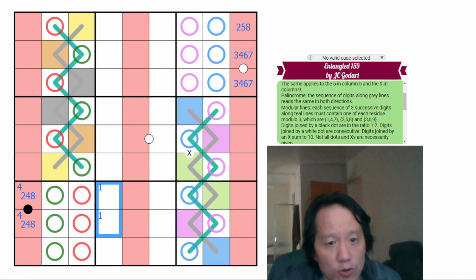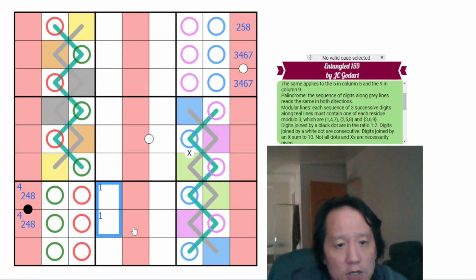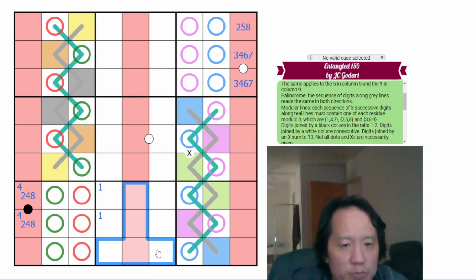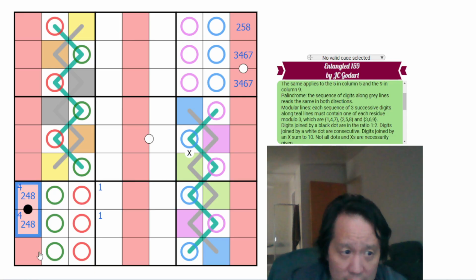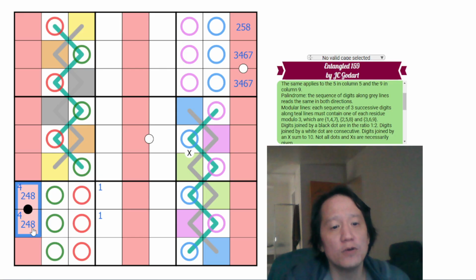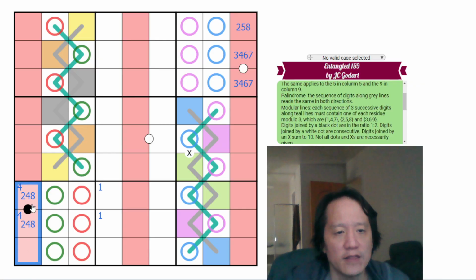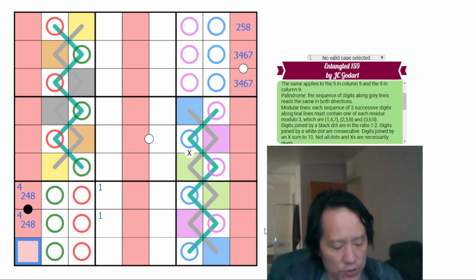So one of these is 1. But that eliminates all other possibilities here. So it cannot be 5 or 6. It cannot be 1 or 7 because there's only one of modular 1, and the 4 already takes that place in these 3 cells.